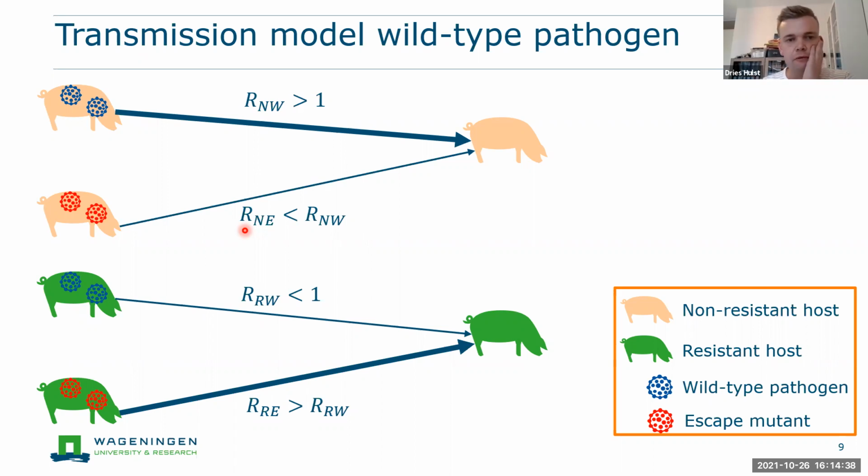So that means that if you would have, let's say, a fully non-resistant population, the escape mutant will probably never invade because it's more difficult for it to spread in that population. So with this model, I could start to try to find out when these escape mutants can spread.